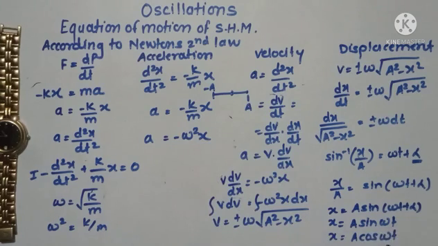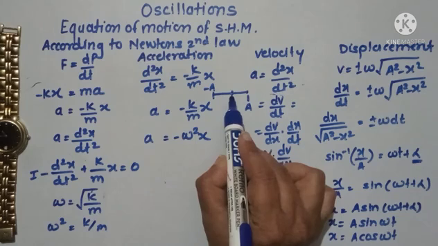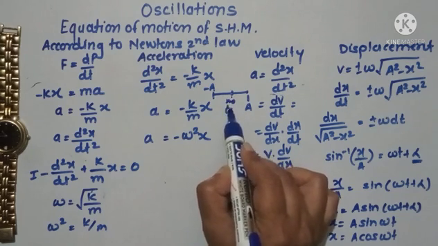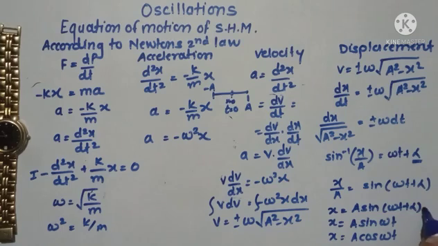So we are calculating these equations by taking different conditions. When the particle is starting from the mean position, its displacement will be 0, so x will be 0 at t is equal to 0.